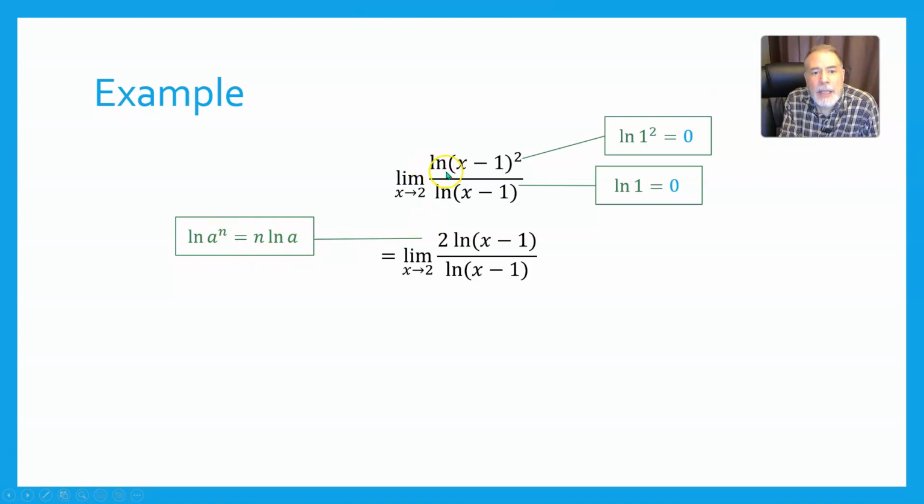So the ln of (x minus 1) squared would be equivalent to 2 times the ln of x minus 1. Oh, so now we've got 2 times the ln of x minus 1 on top, and then we're dividing that by the ln of x minus 1. Well, the ln of x minus 1's divide out, reducing it to just 2 over 1 or 2, and so the limit of a constant is just that constant, 2.